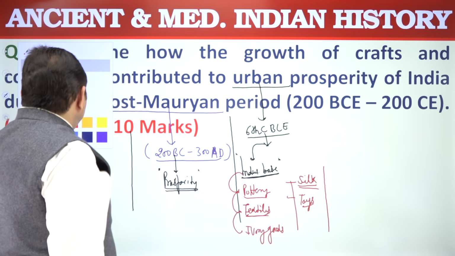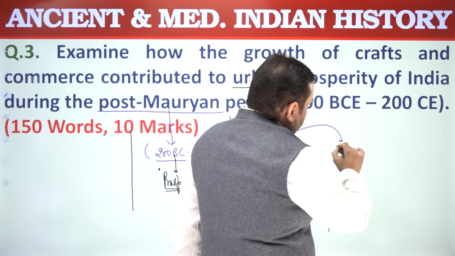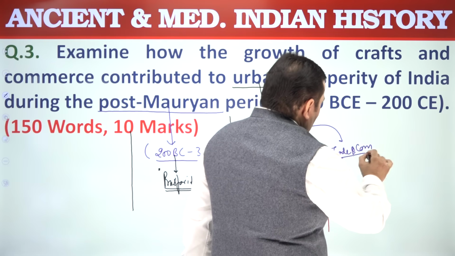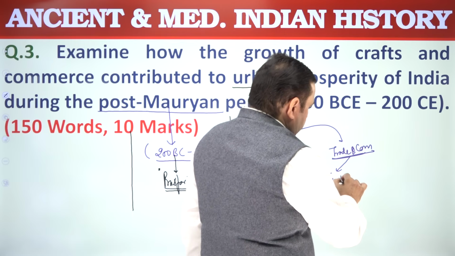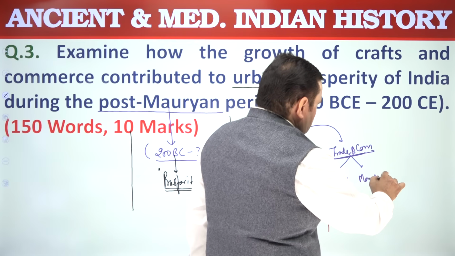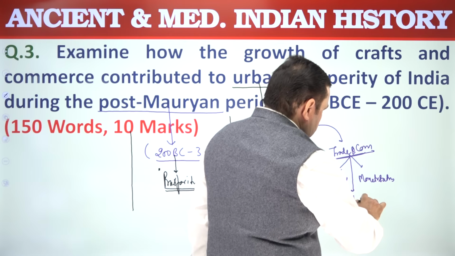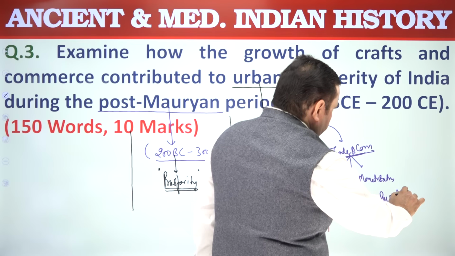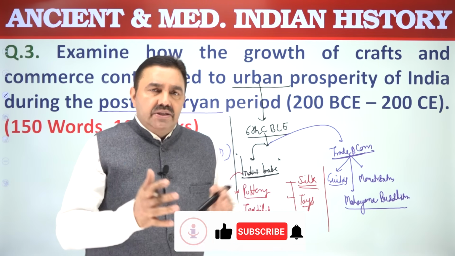Then trade, commerce. The trade and commercial activities were at their peak here, or almost at their peak, because of the availability of products, because of the role played by guilds, because of monetization of economy, because of the support given by Mahayana Buddhism that emerged in this age, because of the discovery of monsoon winds, because of the friendly relations maintained by the Chinese Han dynasty.